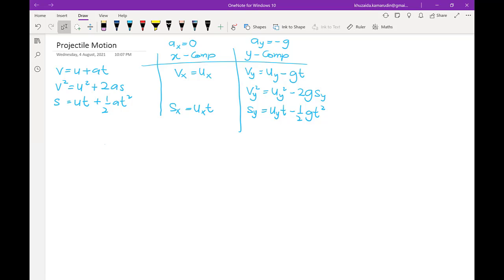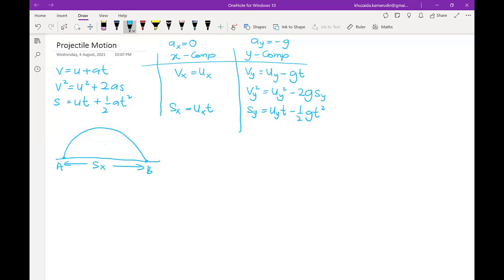Okay, now let's look at if we have a full projectile motion. Apa maksud full projectile motion is something like this. Bermula pada level A dekat sini dan berakhir di level yang sama dekat sini, point B. So over here, the distance between point A and B, yang ni kita panggil sebagai range ataupun Sx.